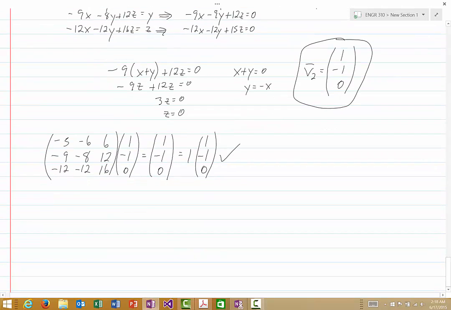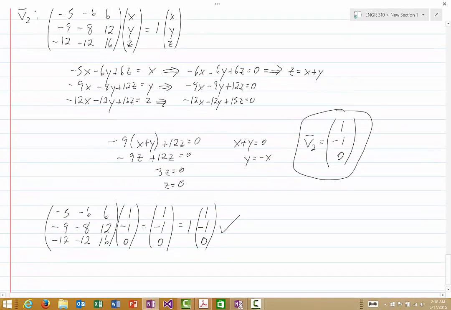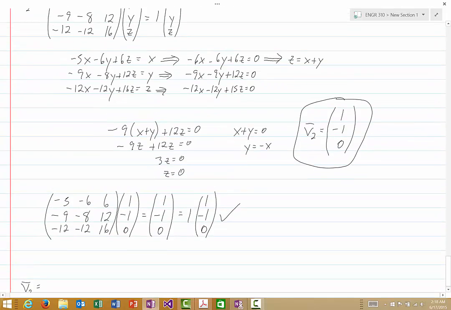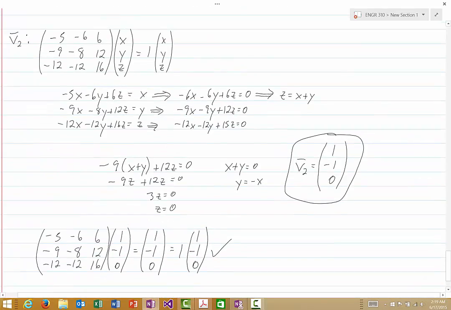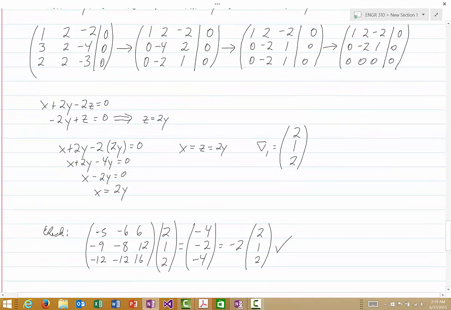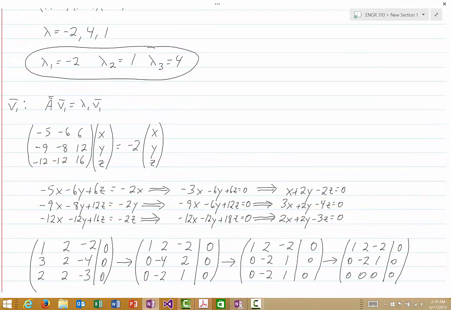And now finally, we want to find v3. So we get the matrix with rows minus 5, minus 6, 6; minus 9, minus 8, 12; minus 12, minus 12, 16, times x, y, z is equal to lambda 3 times x, y, z, and lambda 3, recall, is 4.